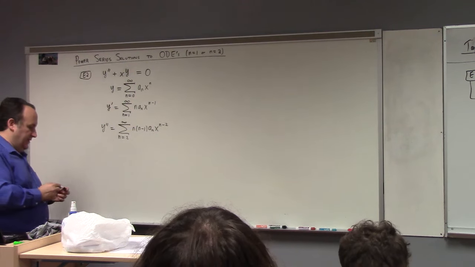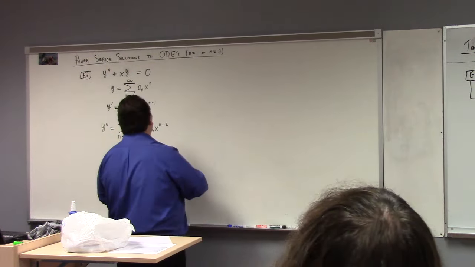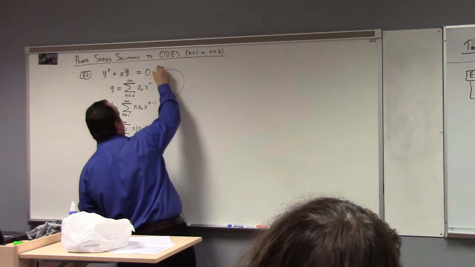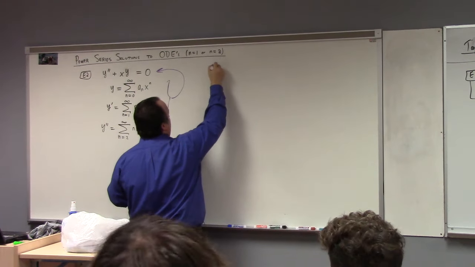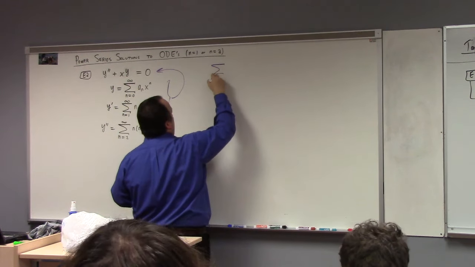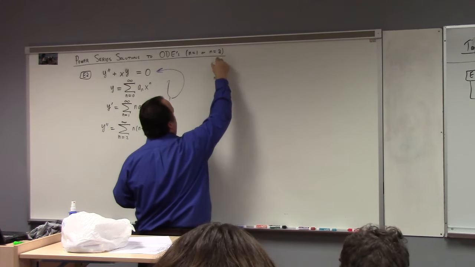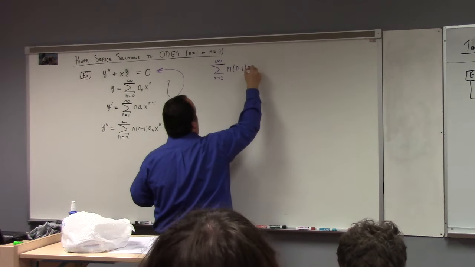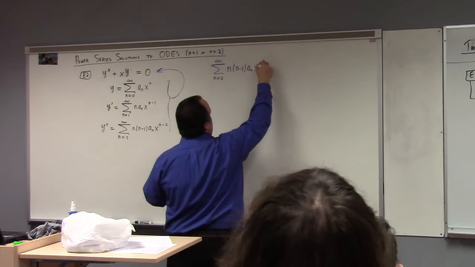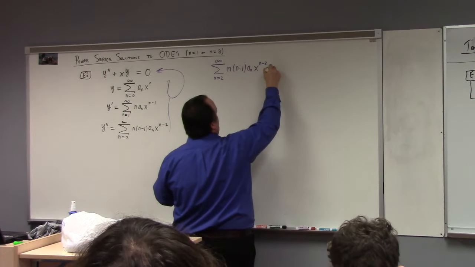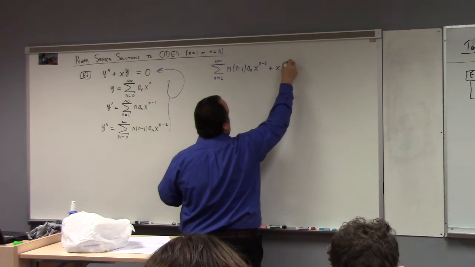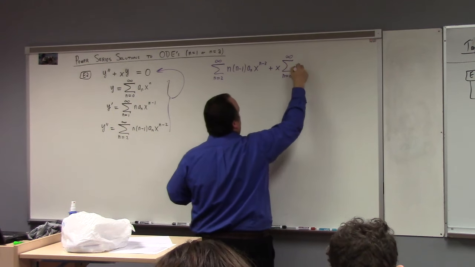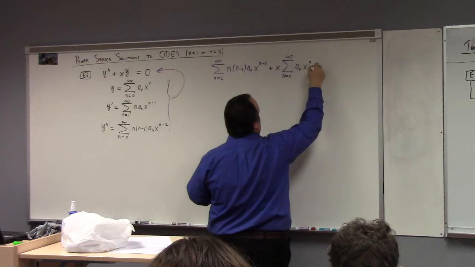All right, so let me plug it in. Again, it's just that dumb. We're just plugging it in there, but we got to work it out carefully. So we have the sum n equals 2 to infinity of n times n minus 1 a sub n x to the n minus 2 plus x times the sum n equals 0 to infinity of a sub n x to the power n.